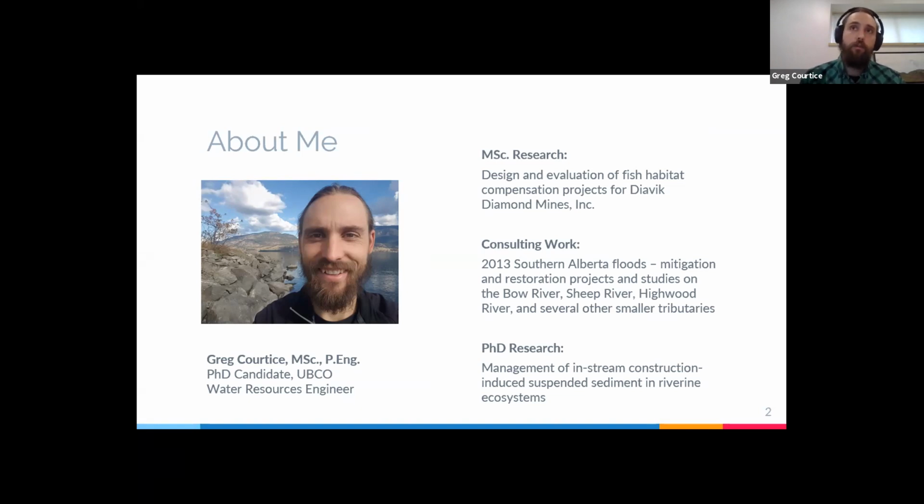And what I found through my consulting work after that, working on flood mitigation work as a response to the 2013 Southern Alberta floods, was that there were a lot of discrepancies between the guidelines we were given for suspended sediment and how we were interacting with the rivers and the constraints for construction projects and design.